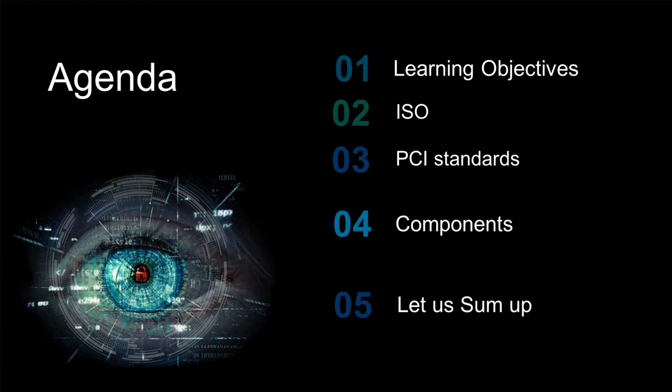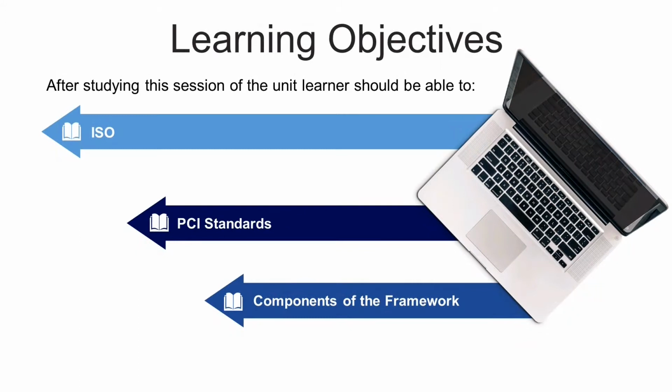Apart from that, we will discuss another standard, the PCI (Payment Card Industry) standard also. After that, we will discuss the components of the cybersecurity framework. So, this is our session outline. After this session, you will learn about the ISO 27K.